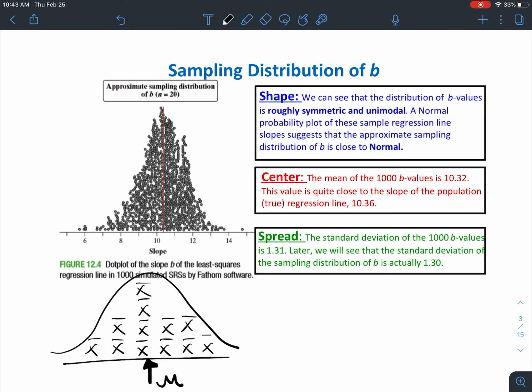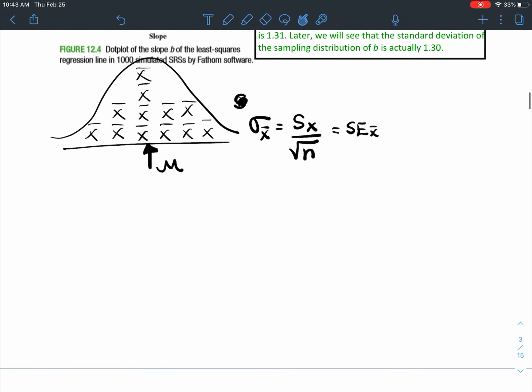And then we had a formula for the standard deviation of that sampling distribution, the spread, and that was generally this formula, which we often called the standard error of x bar. We did that exact same thing with p hats.